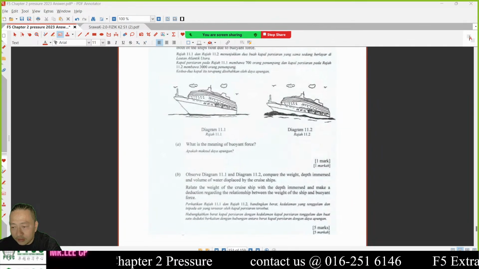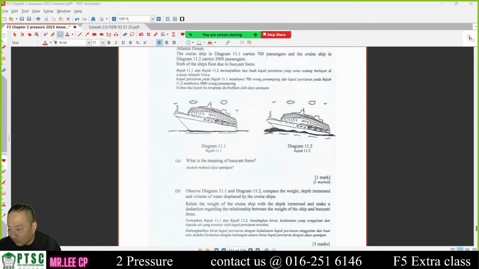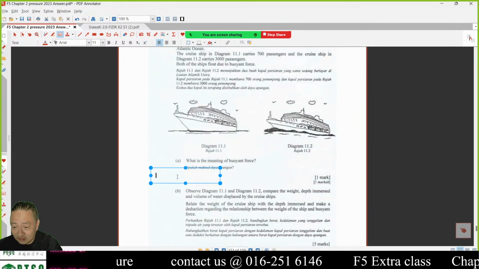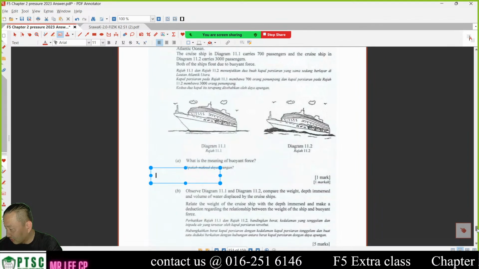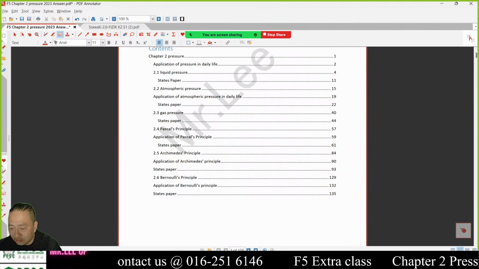Okay. Now, what is meant by buoyant force? All right, what is meant by buoyant force? Now, you can see from here, this one is just copy only.